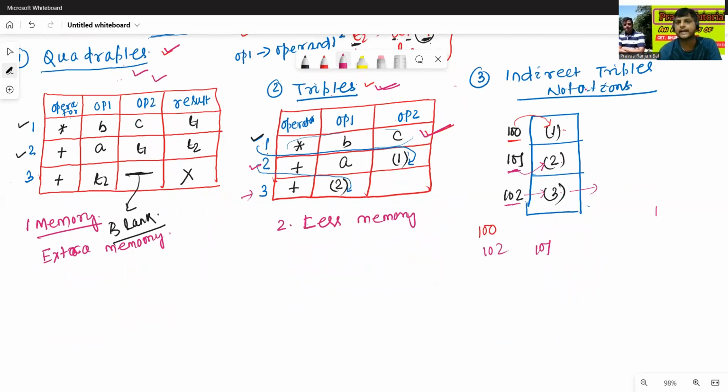Indirect triples notation uses a total of 2 memory references to access any statement.